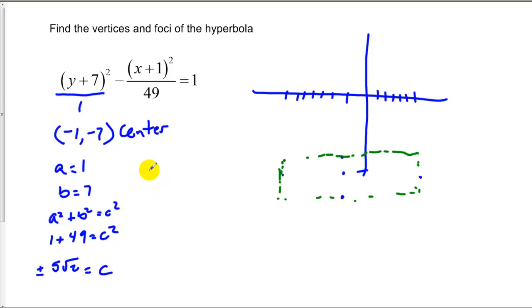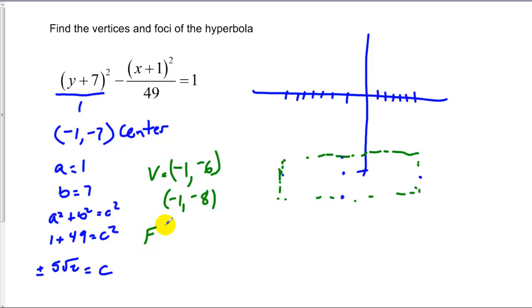So the vertices, in this case, will have the center's x-coordinate, which is -1, and then I move up and down a total of 1 to get to my two vertices. So in this case, instead of -7, we'll have -6, and we'll have (-1, -8).